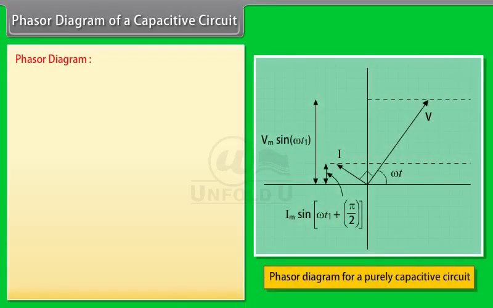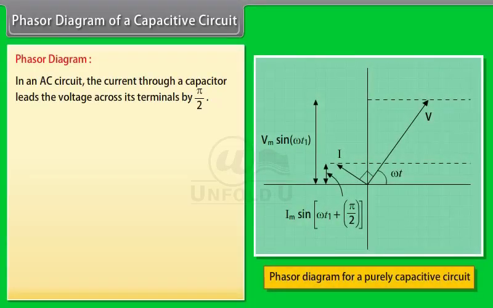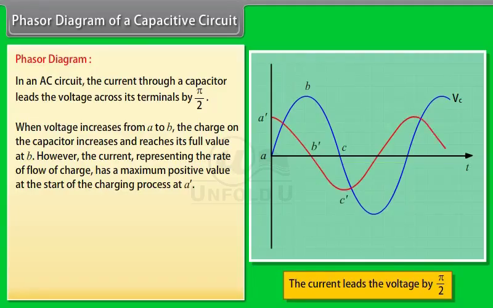Phasor diagram. In an AC circuit, the current through a capacitor leads the voltage across its terminals by pi by 2. When voltage increases from A to B, the charge on the capacitor increases and reaches its full value at B. However, the current representing the rate of flow of charge has a maximum positive value at the start of the charging process at A dash.